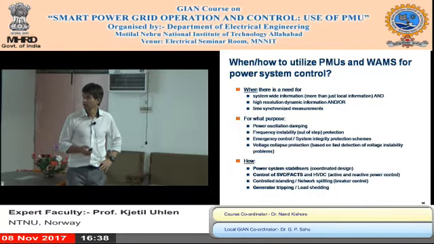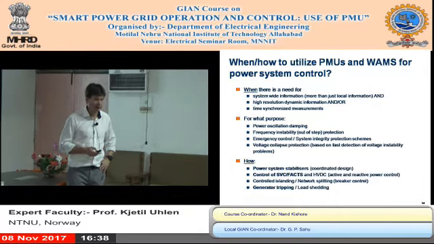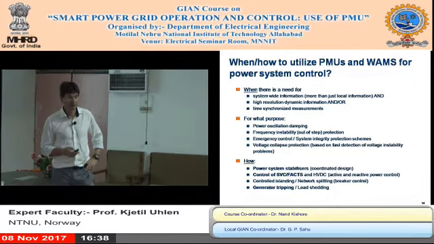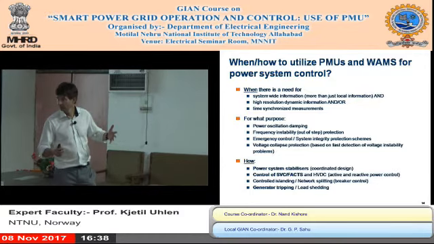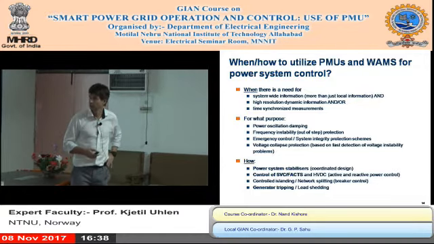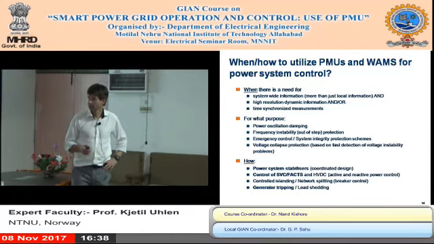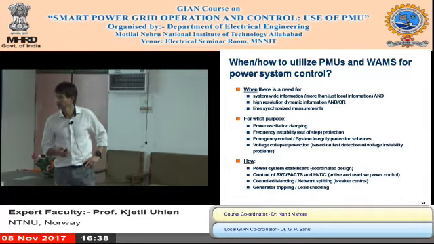It could be for protection against a voltage collapse, where you could have more reliable detection if you have wide measurements from more than one place in the system. Those are some examples that I can come up with. Maybe you have others.